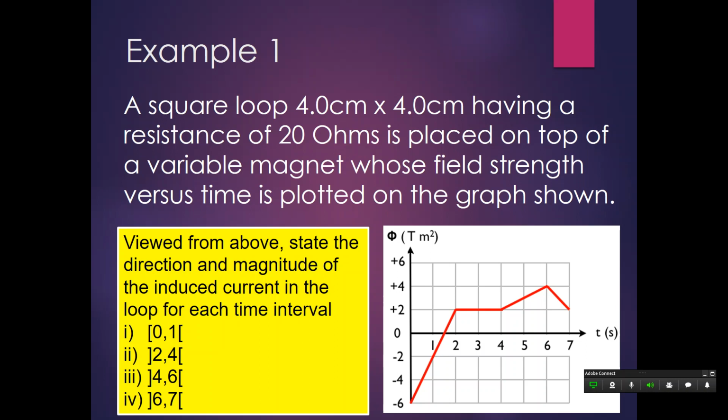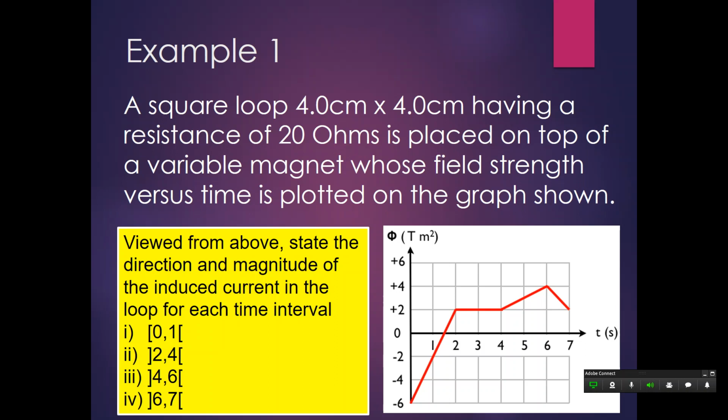Here's my square loop, 4 centimeters by 4 centimeters. I have a magnetic field, a resistance, and so on. The magnetic flux is going to be negative at first, going down, and then become positive. There's your flux down, and it's increasing.